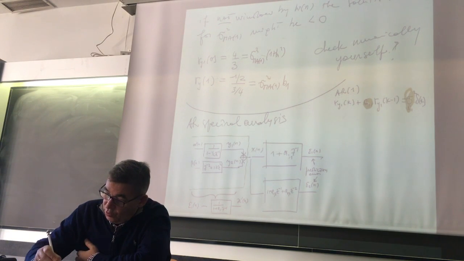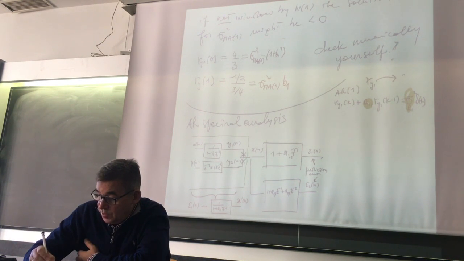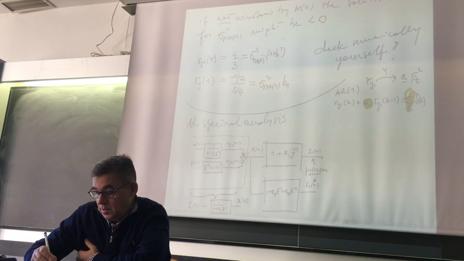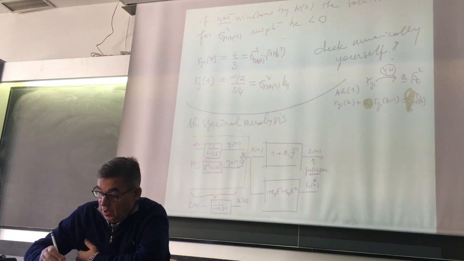So I'm using Yule-Walker because I go from Ry1 to the coefficient and sigma epsilon. This is why I use the Yule-Walker.